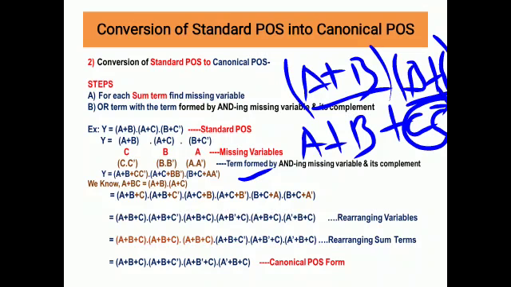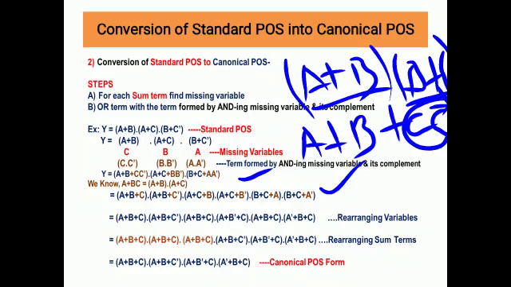Now we know the expression A plus BC is nothing but A plus B into A plus C. So use the same equation and convert the given expressions. Now see the first term, we have A plus B plus C, C bar. So how will you write? A plus C in one bracket, in the second bracket you will write A plus B plus C bar. So write the remaining brackets accordingly.